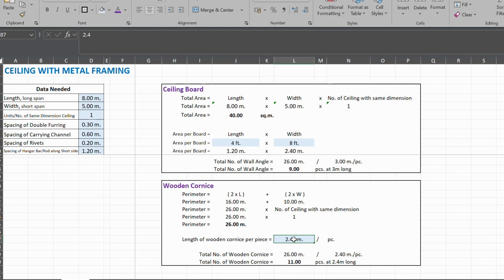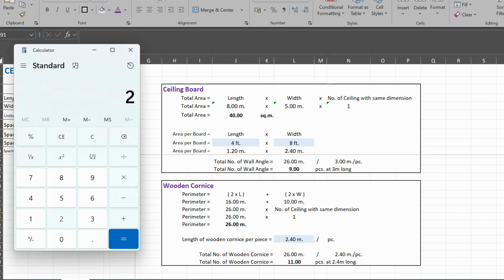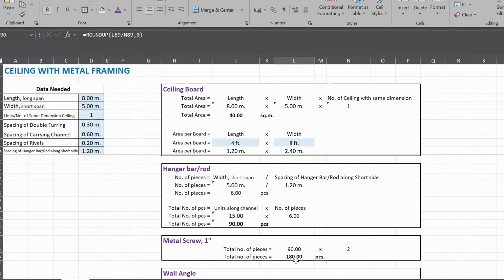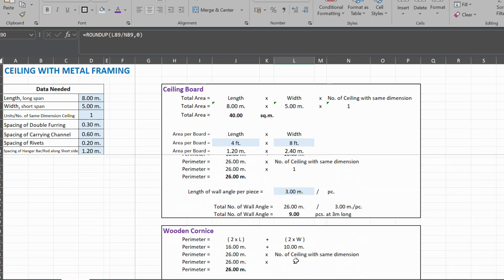Then the total length divided by kung anong available dyan sa inyo na length per piece. So, 26 divide 2.4 is 10.83, round up 11 pieces at 2.4 meters long. And that's all for this example.